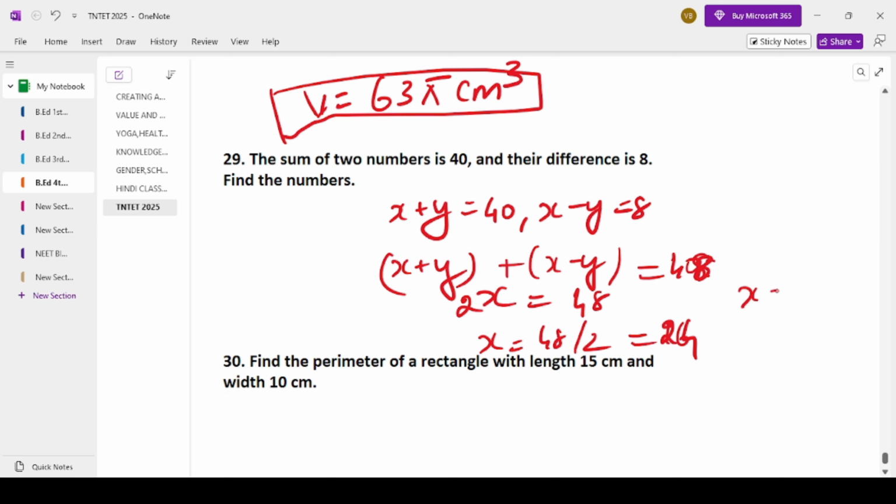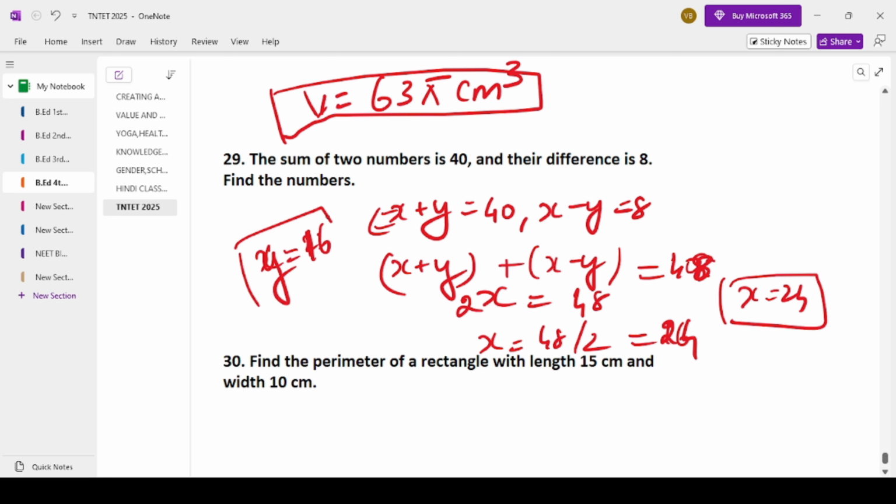So the value of x is 24. Now again you have to find the value of y, substituting in any of these. Now for it to be 40, the x value must be here. What will be the x value? x value is 24. Sorry, y value will be, substituting x value 24 here, y value will be 16 is the answer.